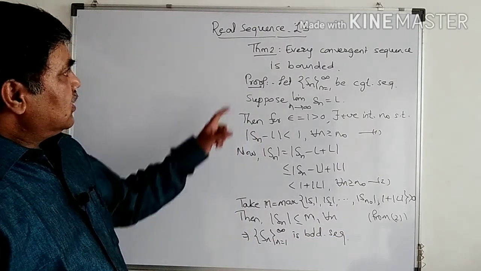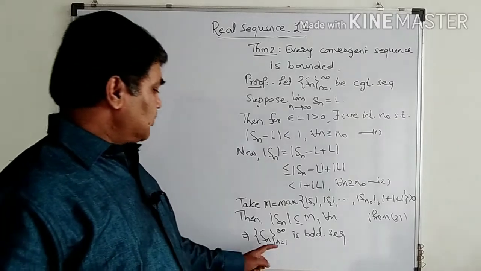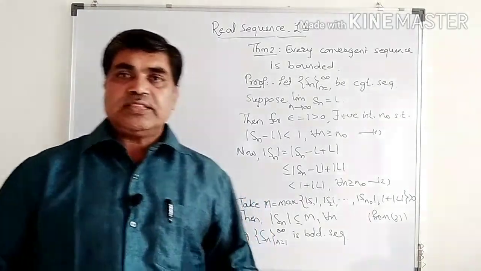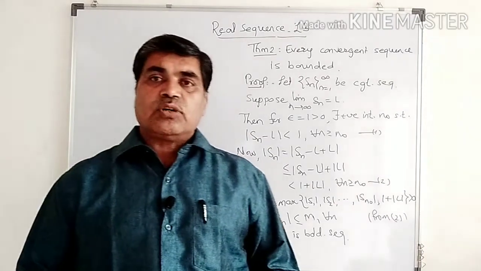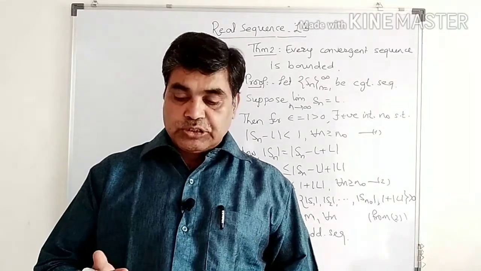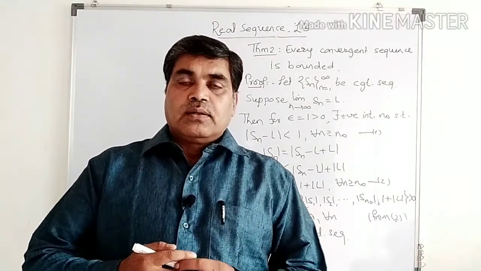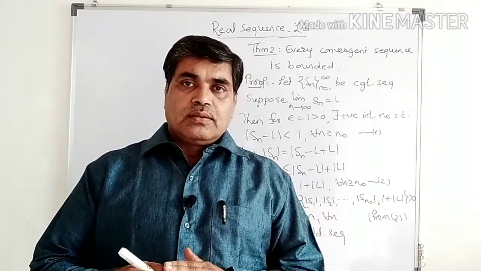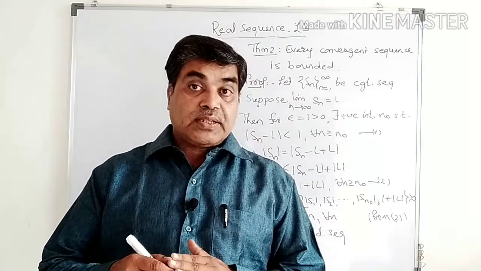Here we proved that every convergent sequence is bounded. If we are proving some result of if-then type and its converse is not given, whether it is true or not, if it is true, then the converse result would be stated.